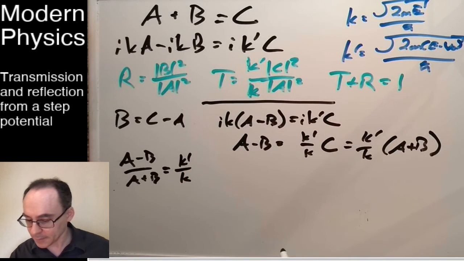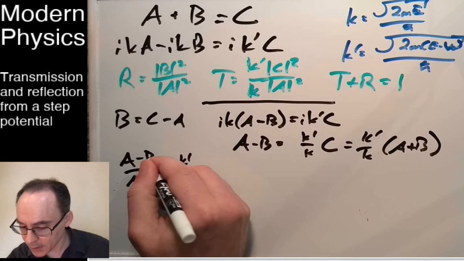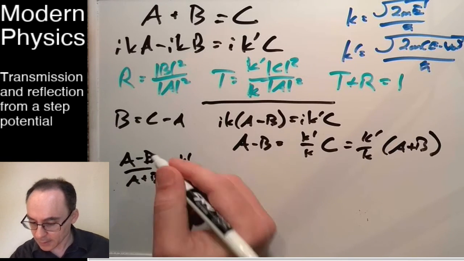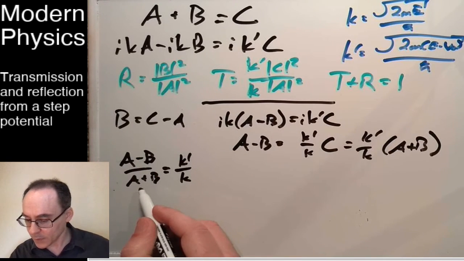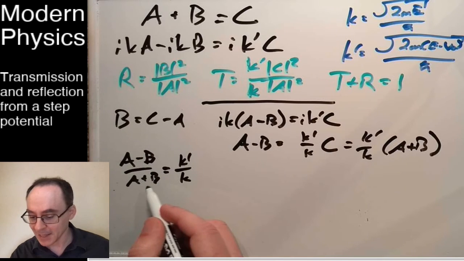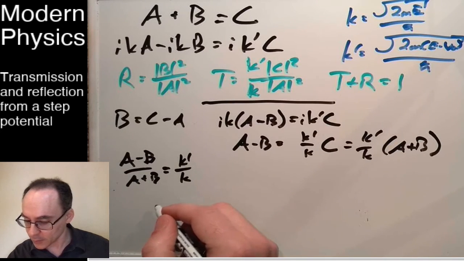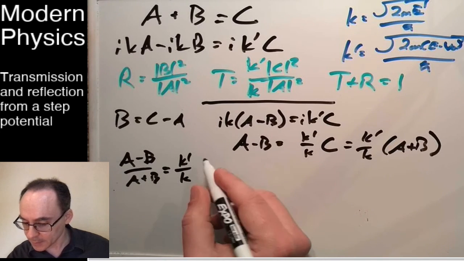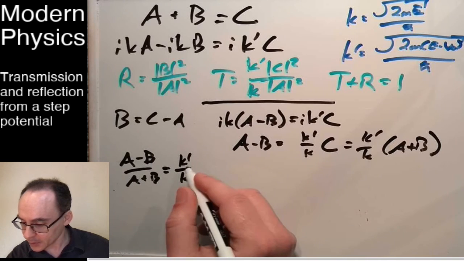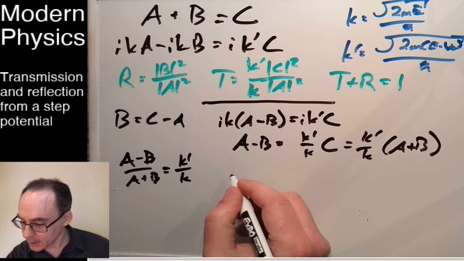And now we just want to rearrange this so we get the B on one side and the A on the other. We really want to solve for B over A, or just B in terms of A. Actually, I maybe should have left it the other way around.